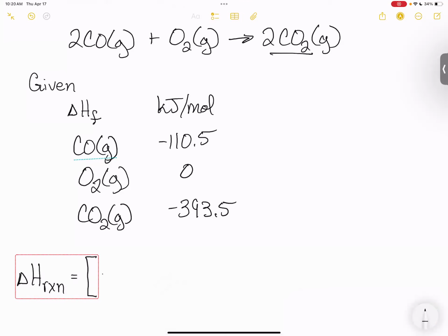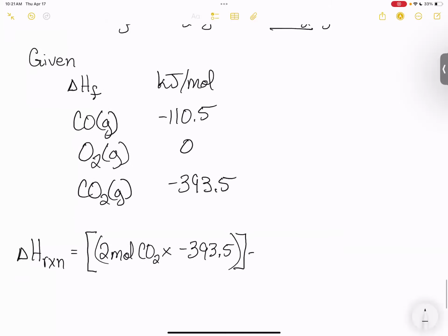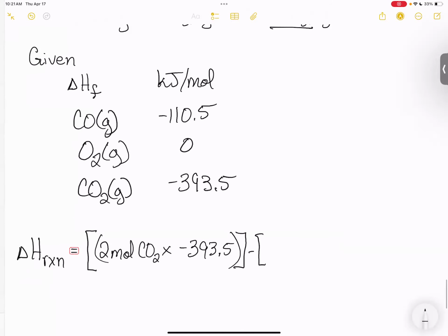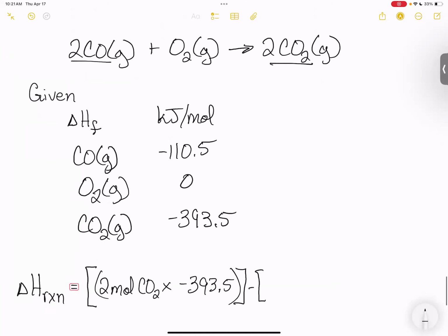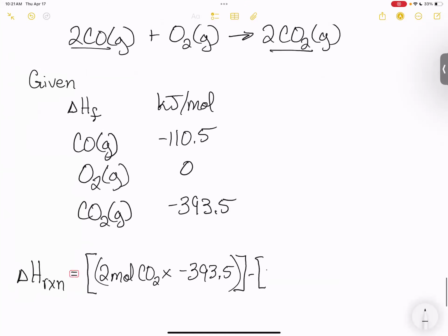There are 2 moles of CO2 times negative 393.5, minus, there are 2 moles of CO times negative 110.5, plus 1 mole of O2 times 0.